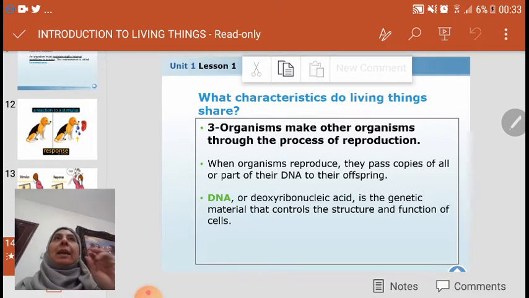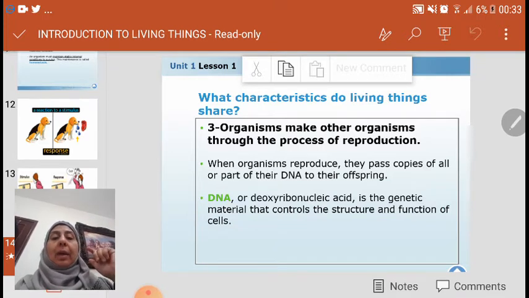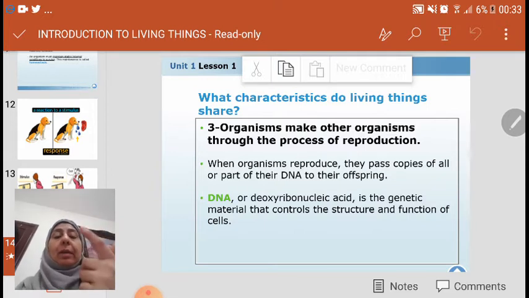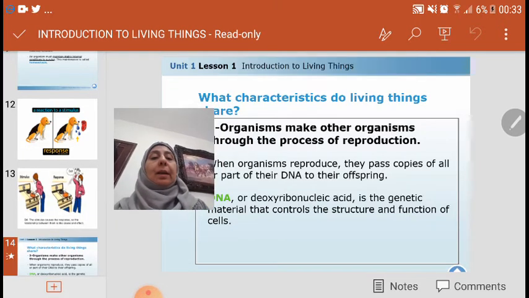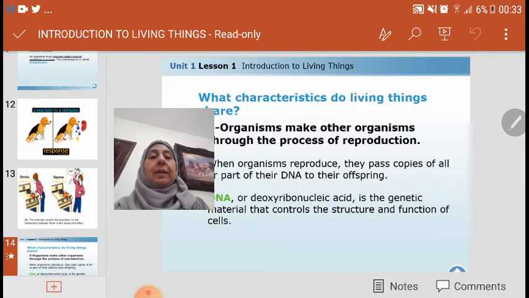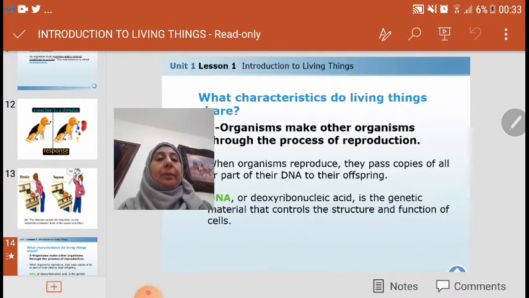Genes carry all the traits of the living thing. The DNA stores all the traits of the living thing, all the instructions of the functions of the living thing, and the DNA is located inside the nucleus in most living things.